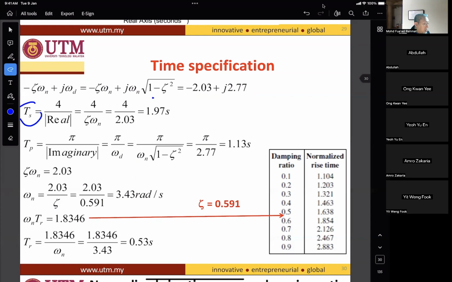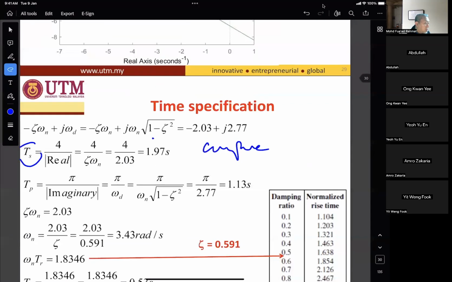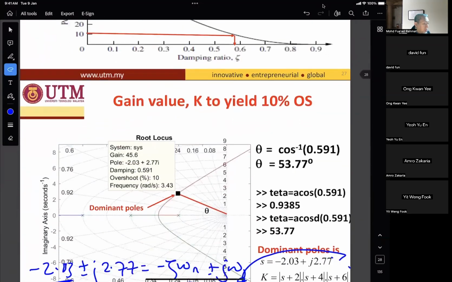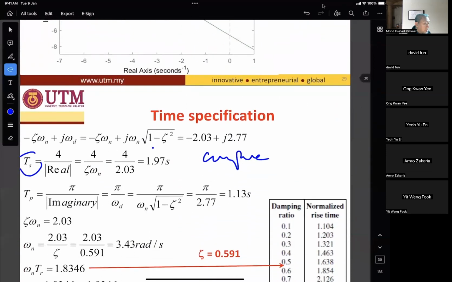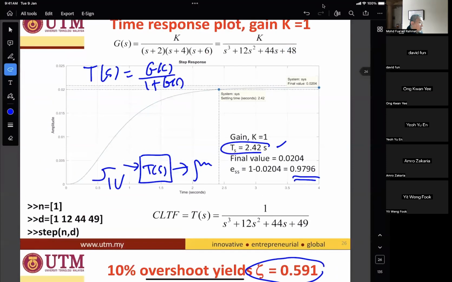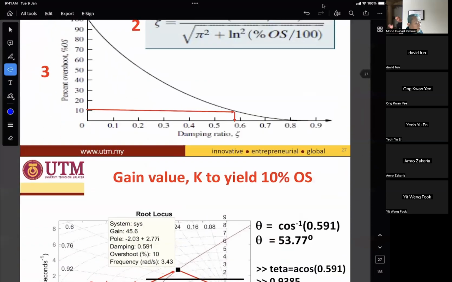This is faster compared to previously, which was 2.42 when k equal to 1. This one is when k is equal to 46, and this one is when k equal to 1. You can see the difference when you increase the gain. The peak time also reduced to 1.13. Previously, when k equal to 1, there is no peak time and no overshoot in the time response.